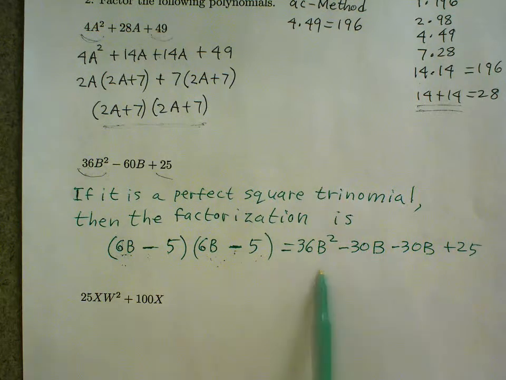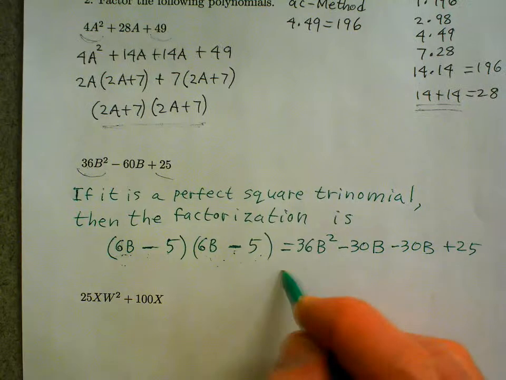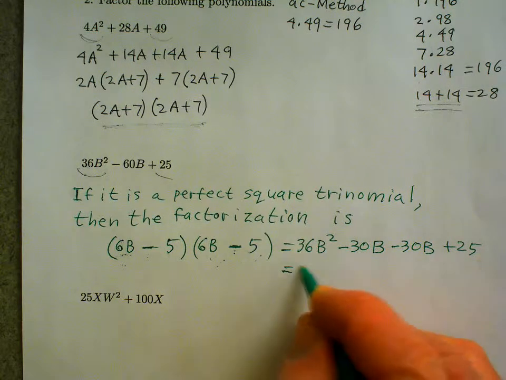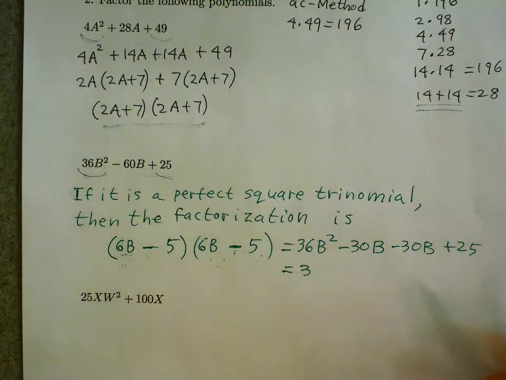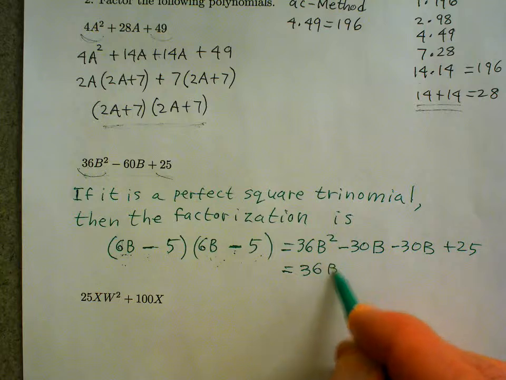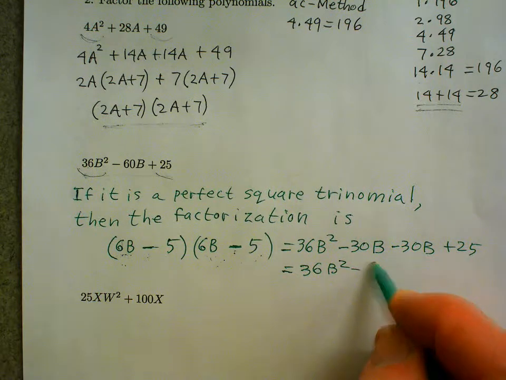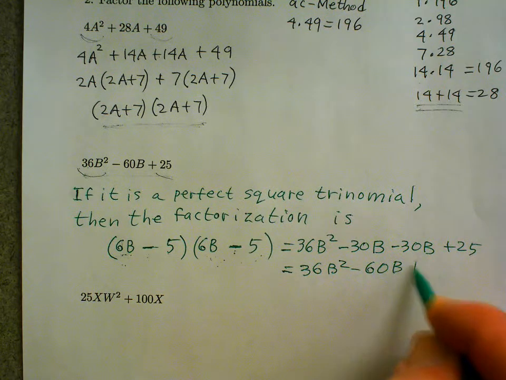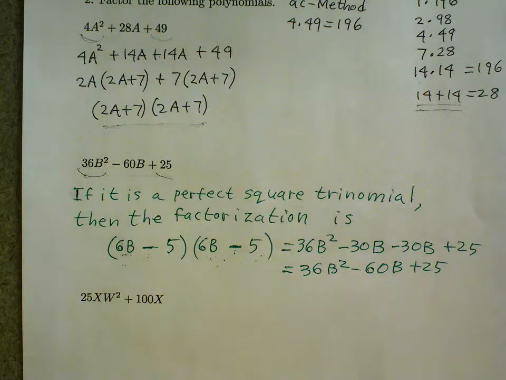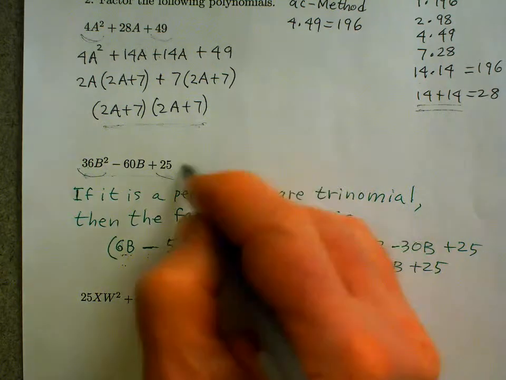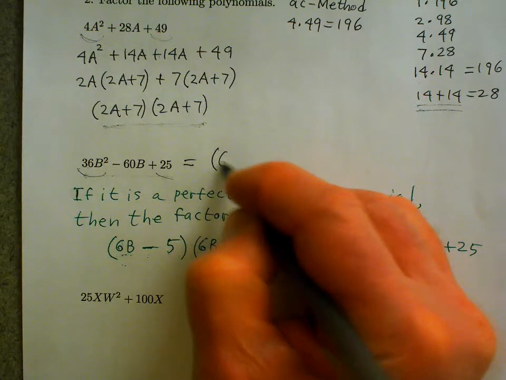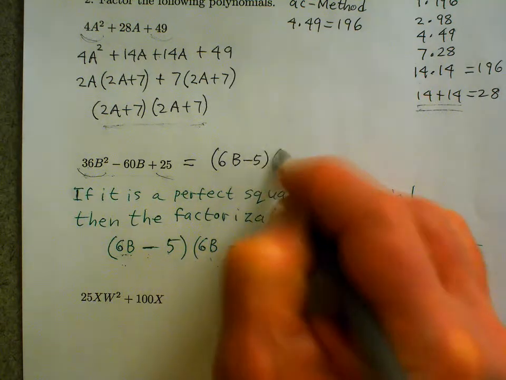And sure enough, we end up with the trinomial that we're starting out with. So that means we now know the factorization. So that is a perfect square trinomial, and its two factors are 6b minus 5 times 6b minus 5.